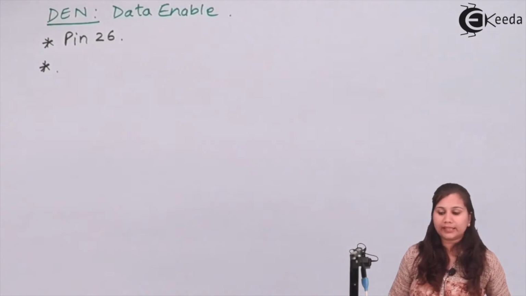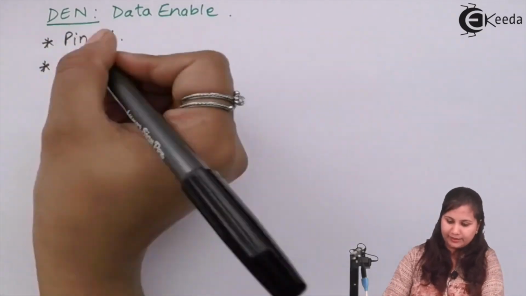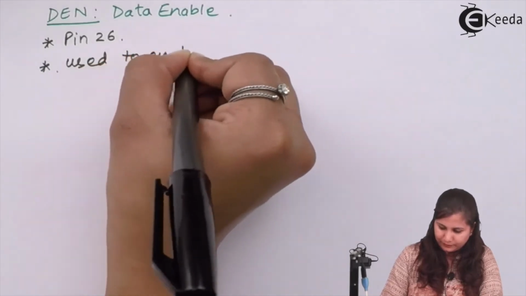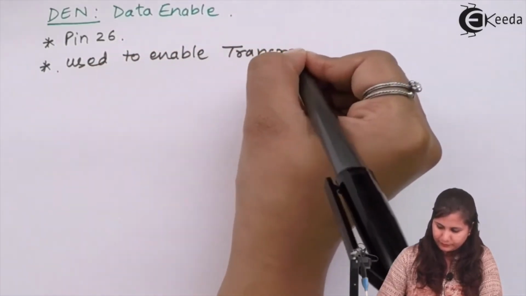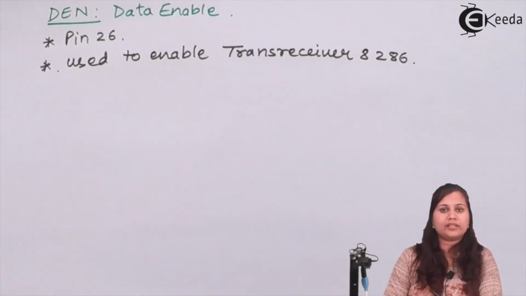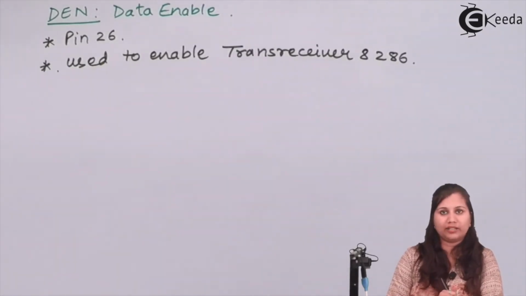Now this data enable signal is used to enable the trans receiver IC 8286. This trans receiver is a device which can transmit the data, means it can transfer the data, and it can receive the data also.